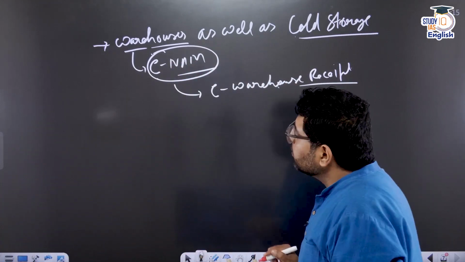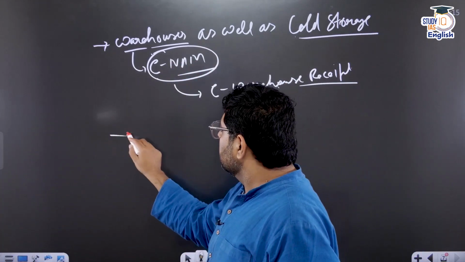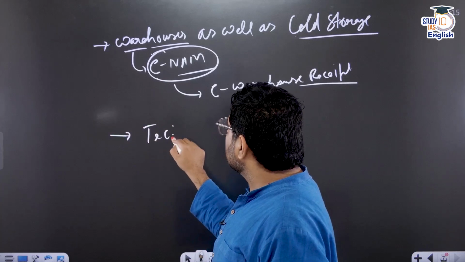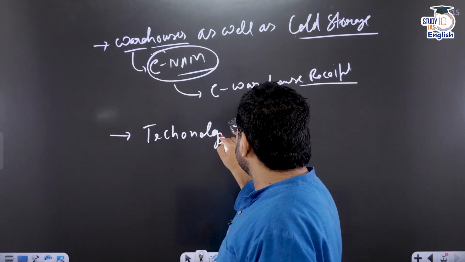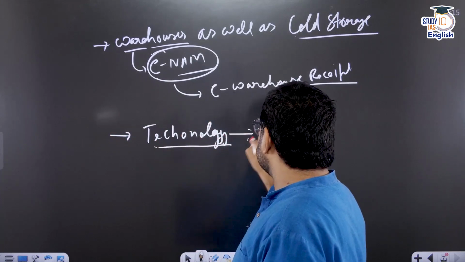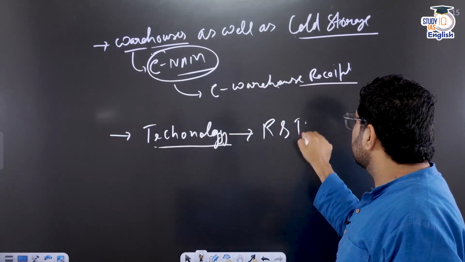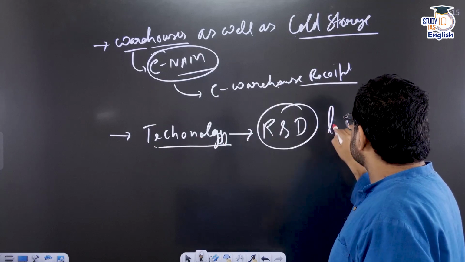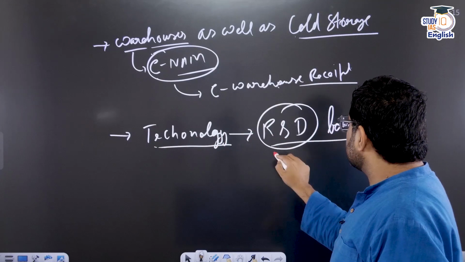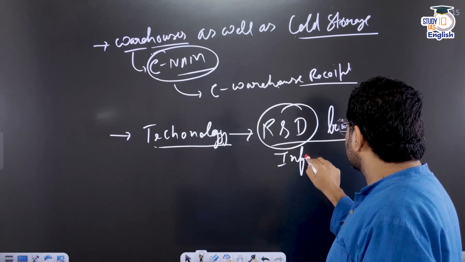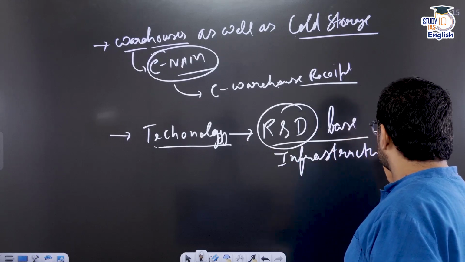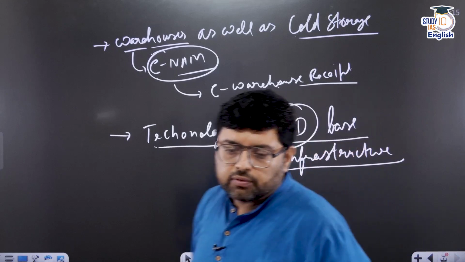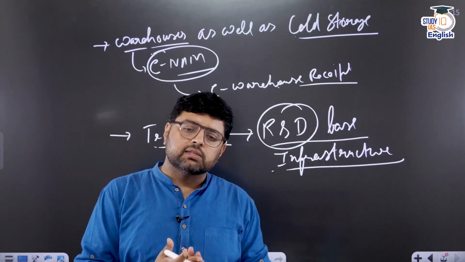Don't worry. Clear? Now similarly the role of technology. Technology is also considered as a part of infrastructure. When I am saying technology, we are talking about a research and development base that will act as infrastructure.